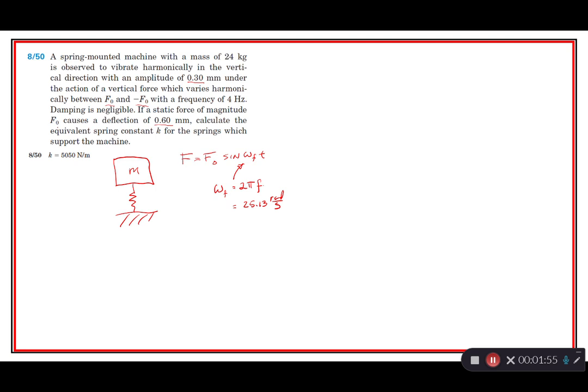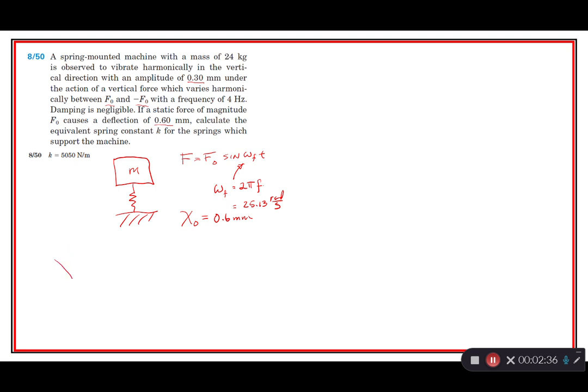So they say this F0 right here. Got to be careful about that. What they're basically saying here is that if a static force, F0, causes a deflection, we could say we have X0 equal to 0.6 millimeters.